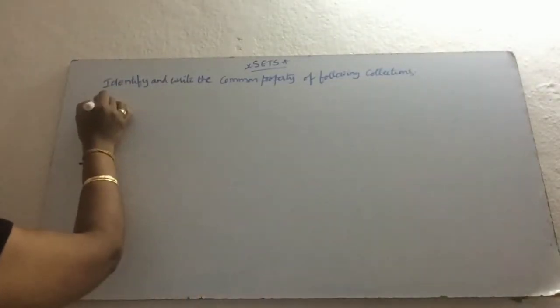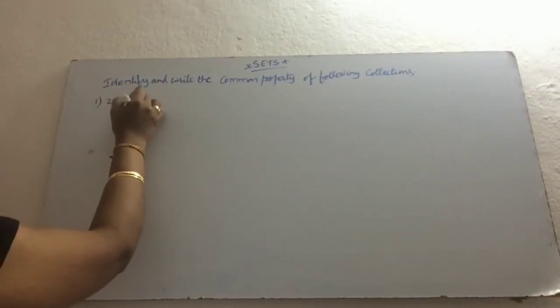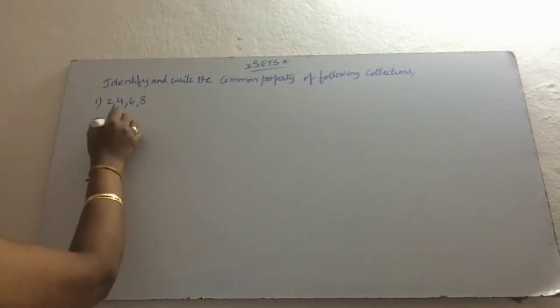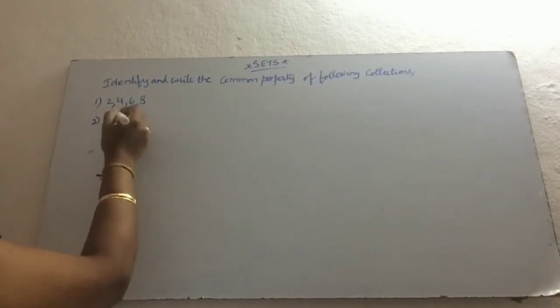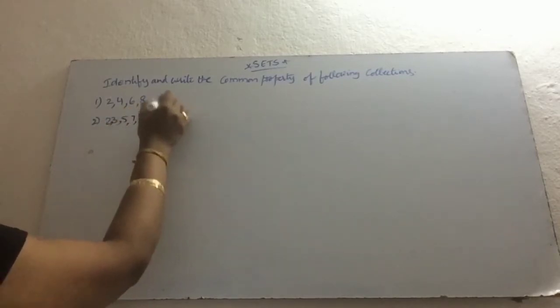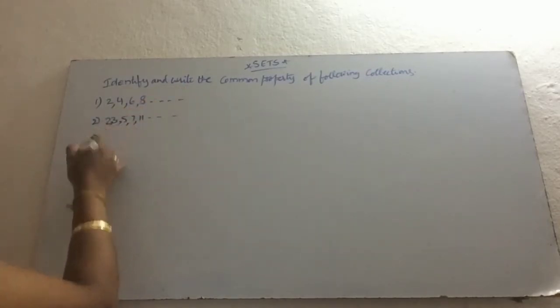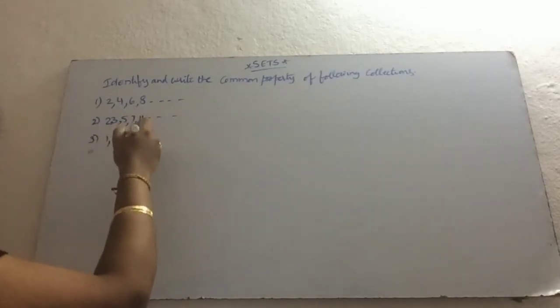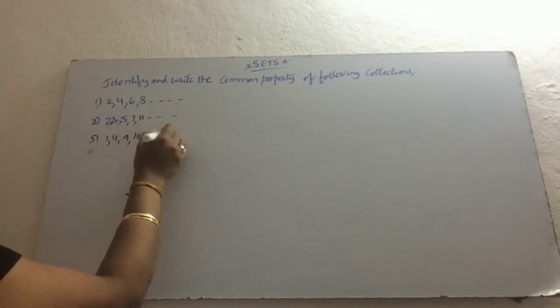First one, 2, 4, 6, 8. Second one, 2, 3, 5, 7, 11. And third one, 1, 4, 9, 16 and so on.